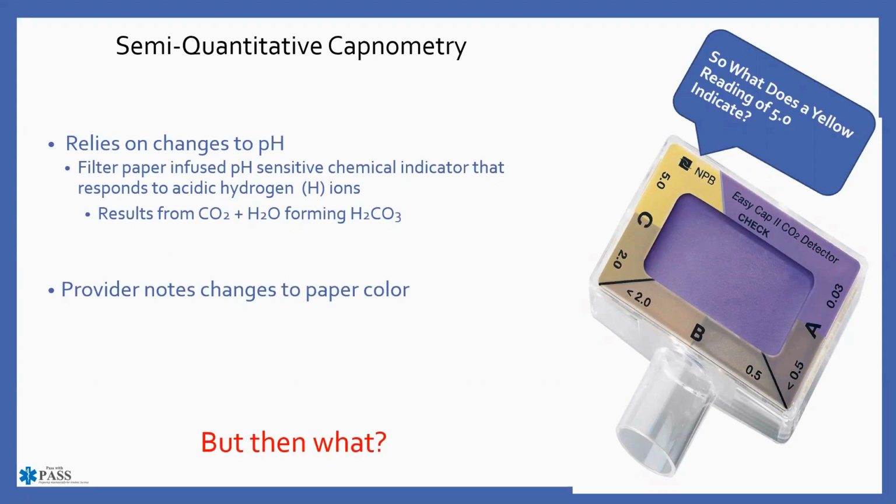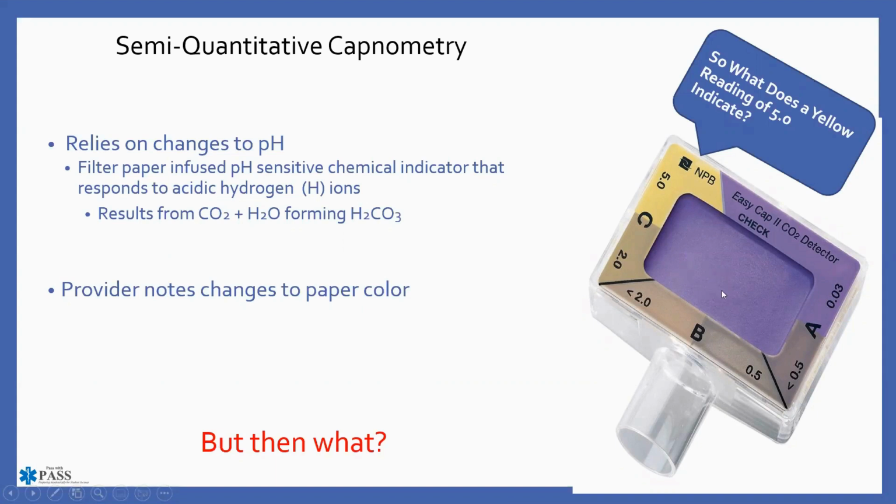The way that this works, it actually relies on a change in pH. Probably the easiest way to explain it is I would always just say that this is a piece of litmus paper that is in here. Hydrogen ions are very acidic. So when you have hydrogen ions, which are exhaled, and that acid hits that litmus paper, it ends up changing the color of the paper.